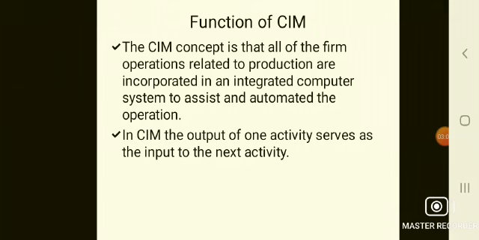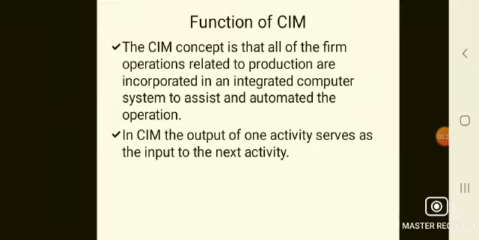Functions of CIM. The CIM concept is that all the firm's operations related to production are incorporated in an integrated computer system to assist and automate the operations.